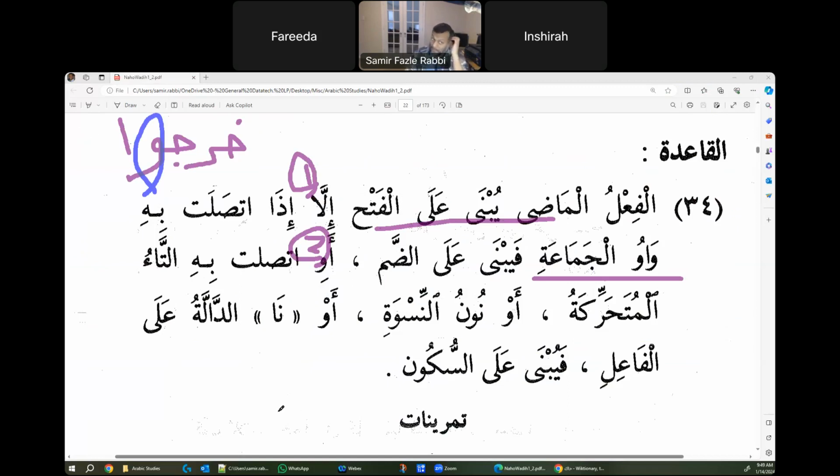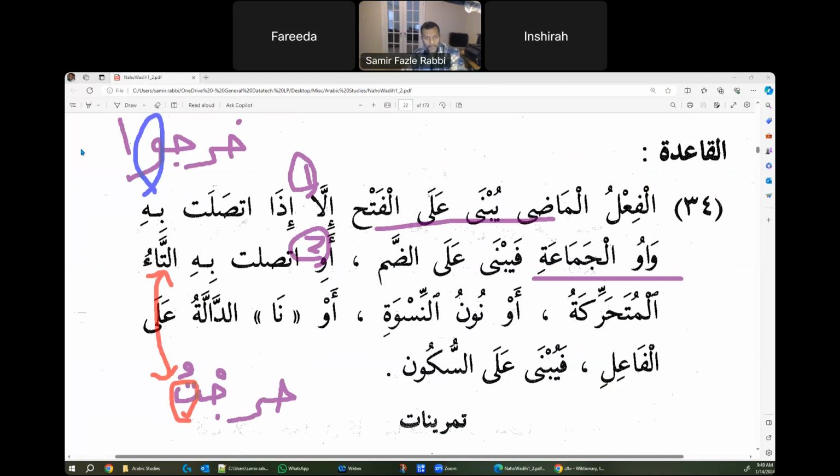That'll be for example خرجت. So right here, this is called the تاء المتحركة. خرجت, خرجتي, خرجتم, خرجتما. I think that's all of them.